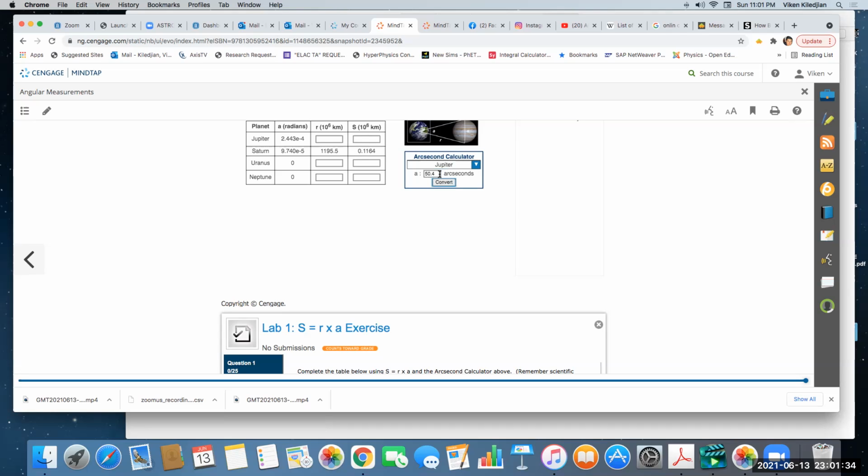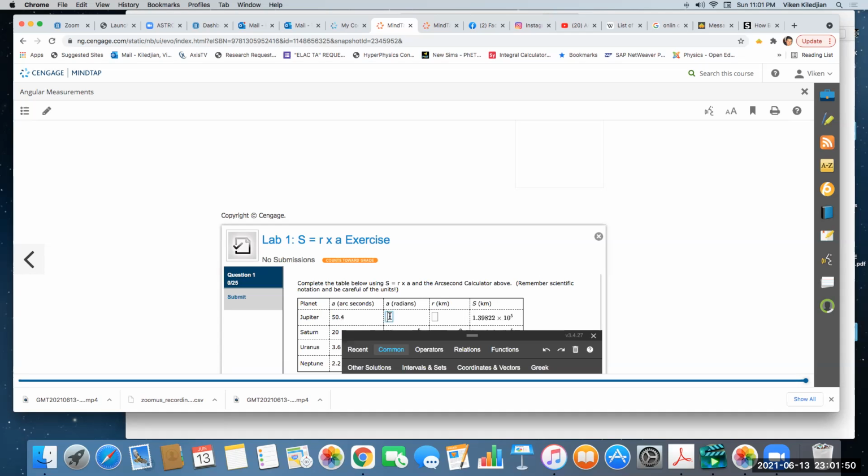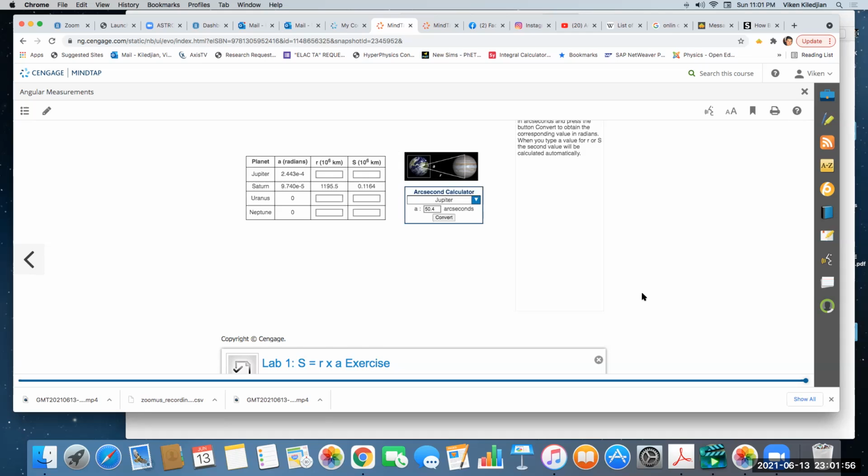Oh, okay. So this is a calculator that's converting it for us to radians. It's already converting what you did here into radians. So then you would just put here the answer, 2.443 e to the minus 4.